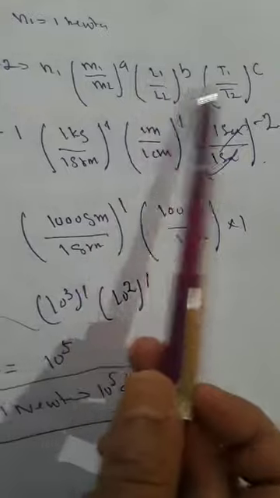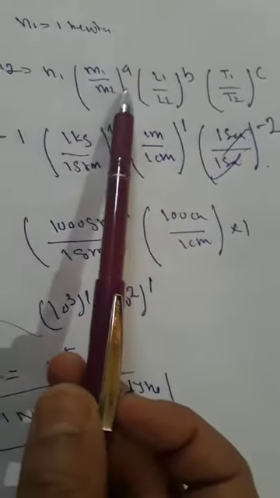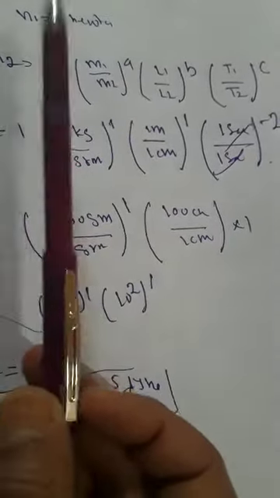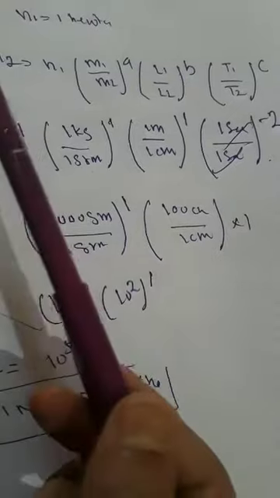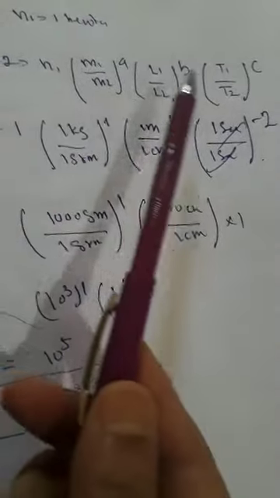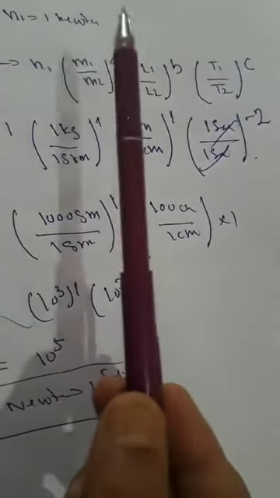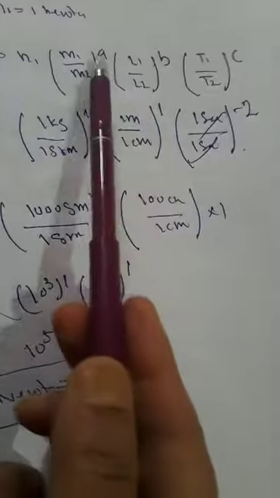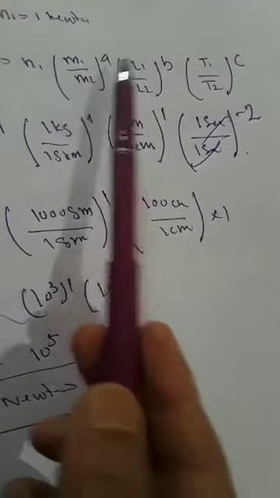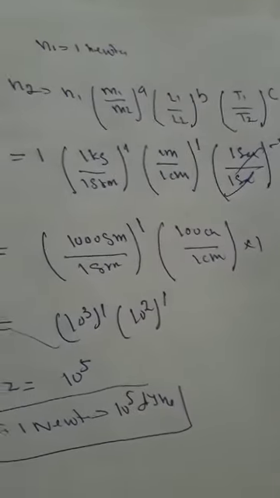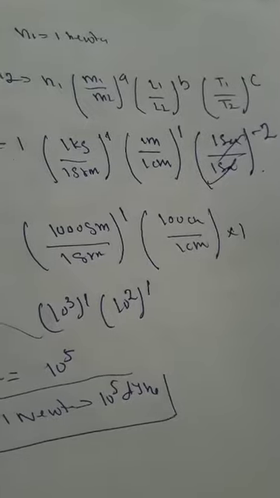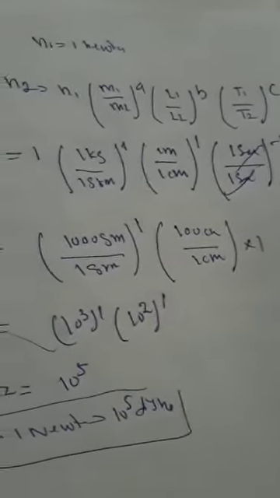How can we get A, B and C? For the physical quantity which is given, we should know which physical quantity has these units. Then we have to find the dimensional formula of that physical quantity. The powers of the dimensional formula of this physical quantity give the values of A, B and C. M1, M2 are the mass in one system of units and another system. We are given two systems here, the MKS system and the CGS system.